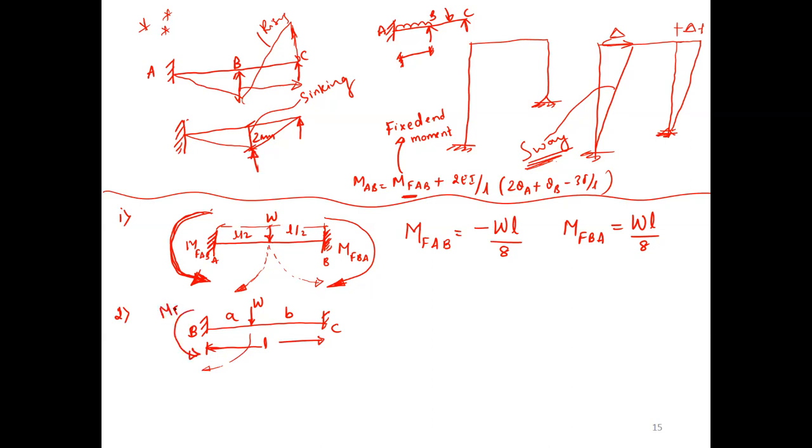This is MFBC. How will it rotate at the other end? Anti-clockwise. The resisting is clockwise. Therefore MFCB. Now what is MFBC? Minus WAB square by L square. What is MFCB? Plus WBA square by L square.